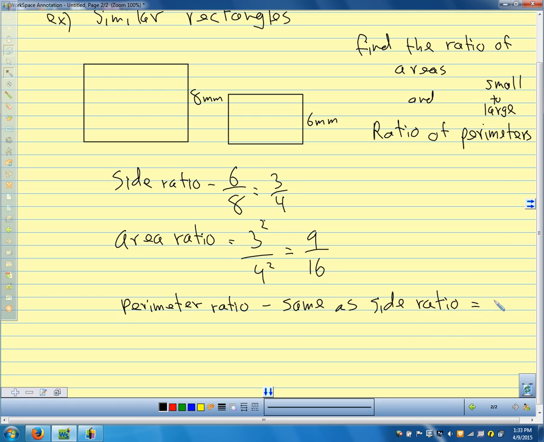So it equals 3/4 also. Since they're similar, they're going to have the same ratio since they're proportional. So all we need to know for this problem is the length of one side of each of them. So that's the basic idea of what we talked about.